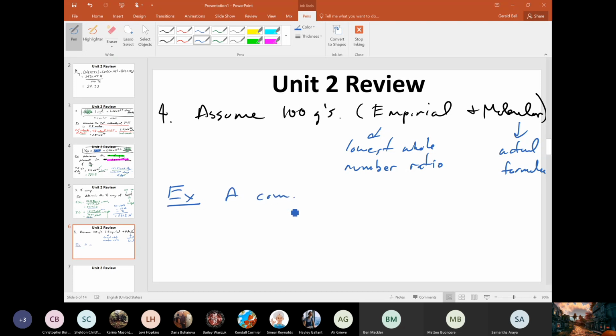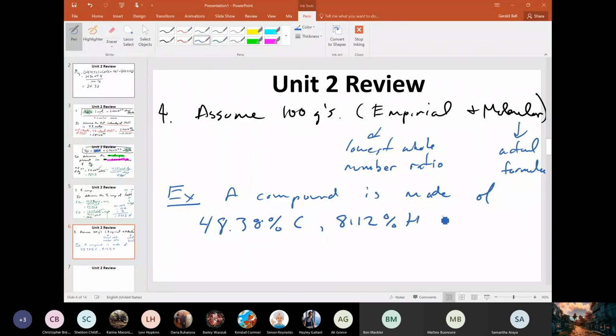A compound is made of 48.38% carbon, 8.12% hydrogen, and 43.5% oxygen.